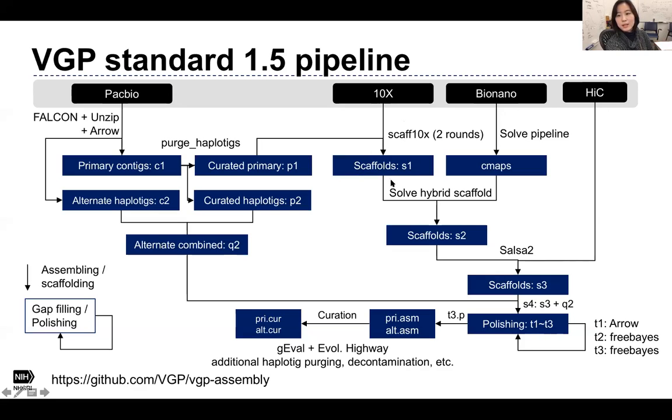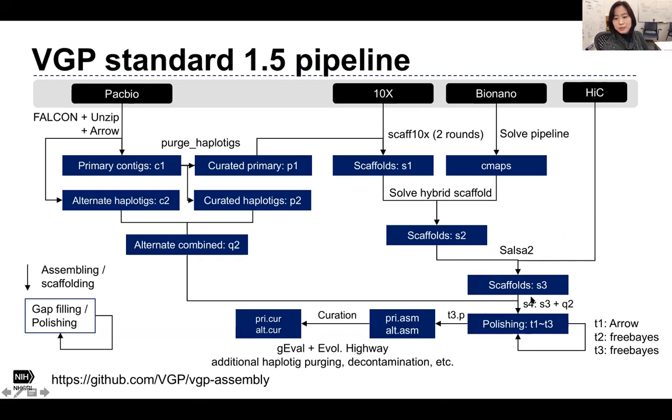And from there, we do another round of scaffolding with BioNano and another round with Hi-C. It's similar to how we do the 10x scaffolding. And here, all the names are the abbreviations used for generating the intermediate FASTA files.